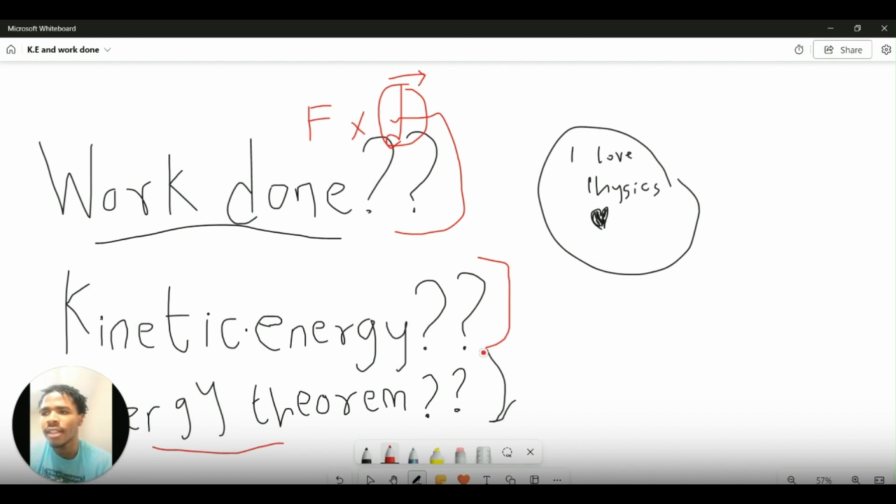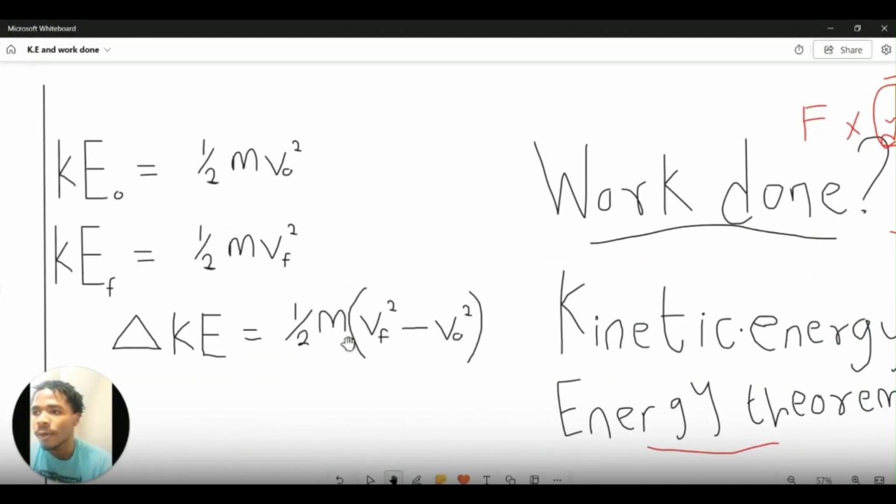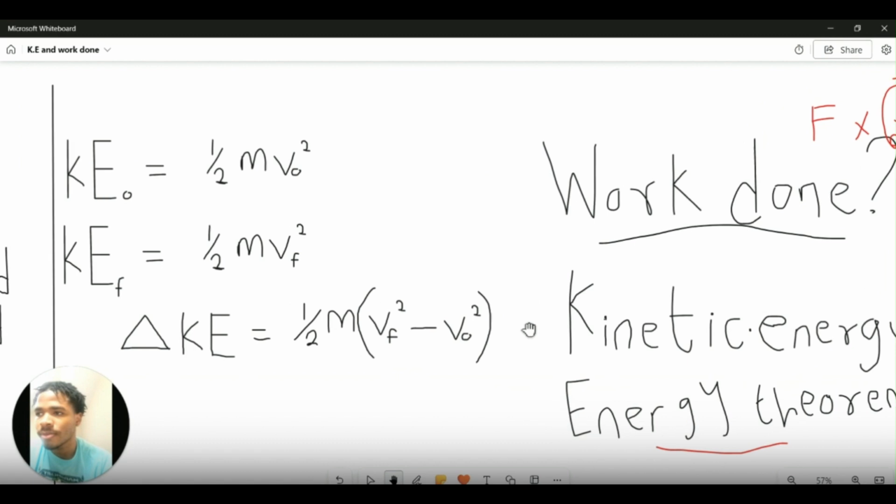Now, kinetic energy is the energy possessed by an object because of its motion. So for an object to have kinetic energy, it has to be in motion, and it's given by half mv squared. So let's try to implement this kinetic energy in a way that we can use it to understand the energy theorem.